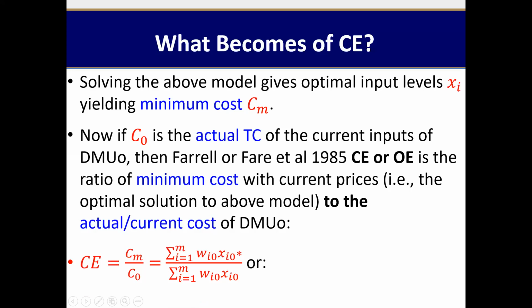The star is indicating the minimum cost, and the one below is the actual cost. That is the cost efficiency. When this value is less than 1, it means that the firm is inefficient, and if it's equal to 1, the firm is efficient. Of course, you can split this into technical efficiency and allocative efficiency.